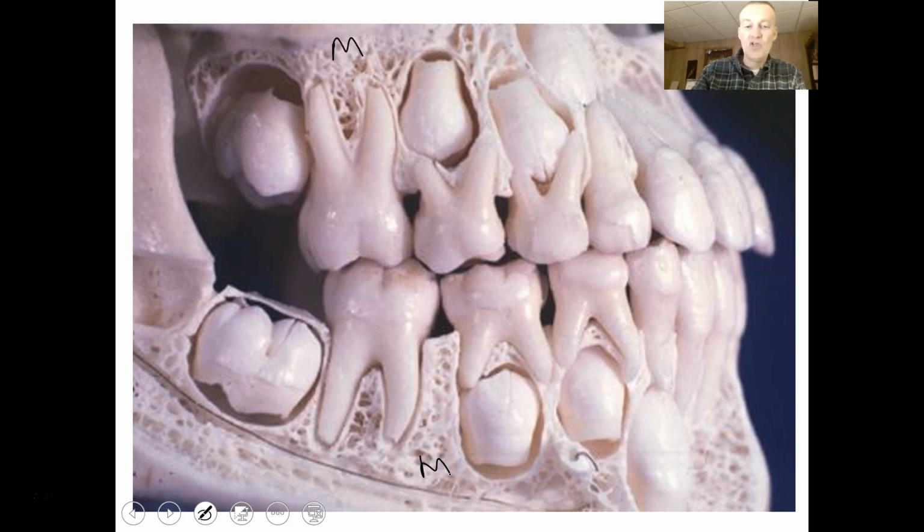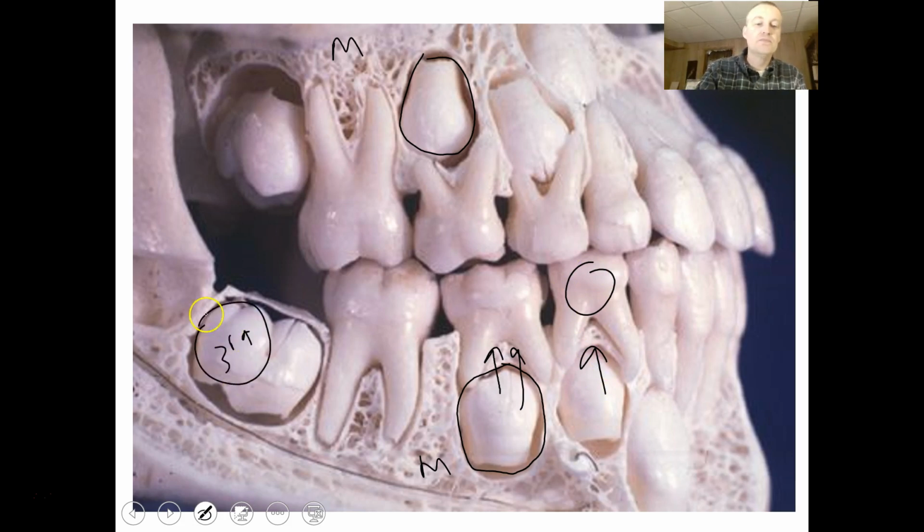I like to show you that permanent teeth are actually inside of the maxilla or the mandible, and they will eventually erupt and push upwards and push those baby teeth out. So you can see this one's being pushed out. That baby tooth's almost about to fall out. Here's the wisdom tooth, the third molar back here, and that hasn't erupted through the gum yet.